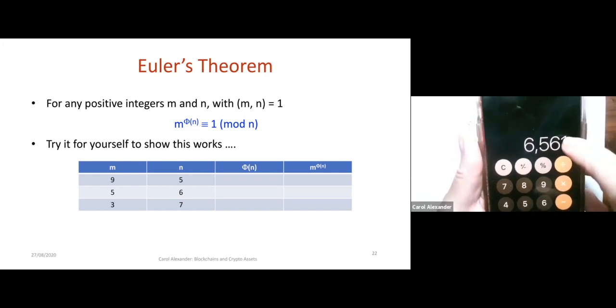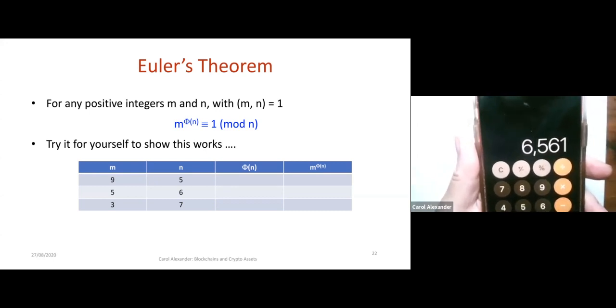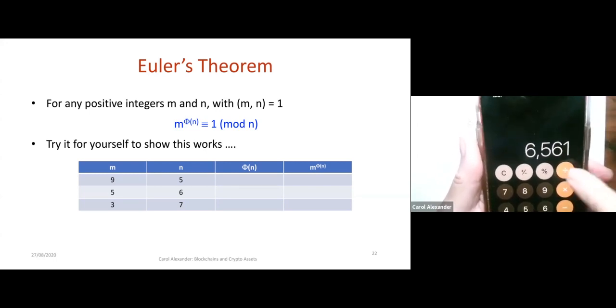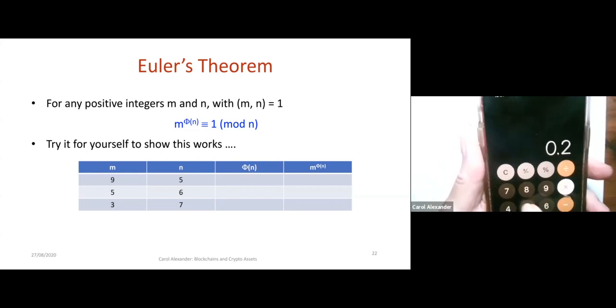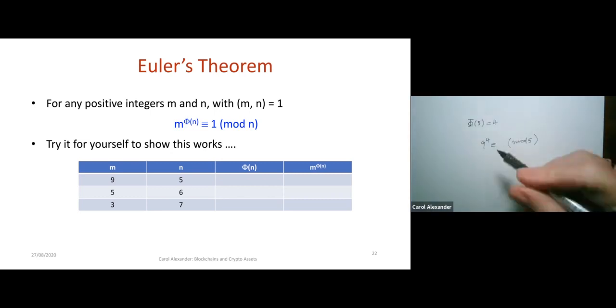Well, actually, I know that it's going to be congruent to 1 because 6560 is obviously a multiple of 5. So when I divide by 5, I'm going to get 0.2, and then 0.2 times 5, of course, is 1. So there we are, we verified it. And you can also have a look at these other exercises I've given you to make sure that you understand this theorem.